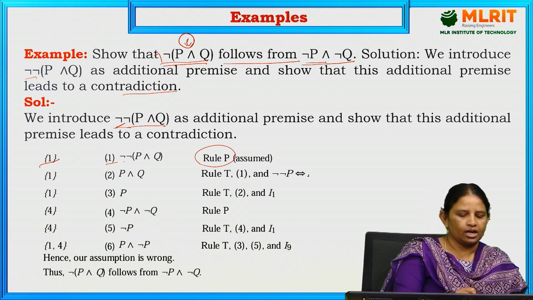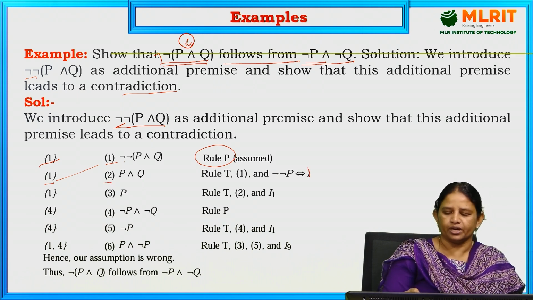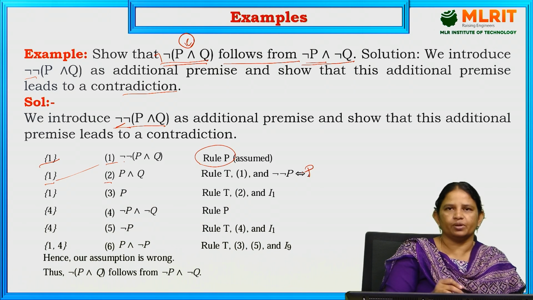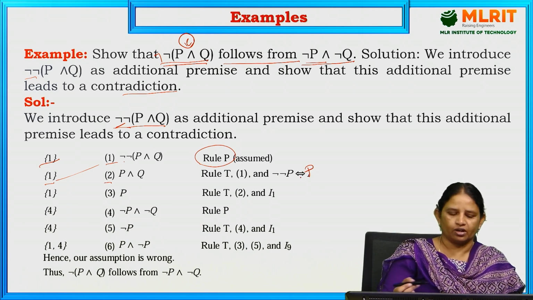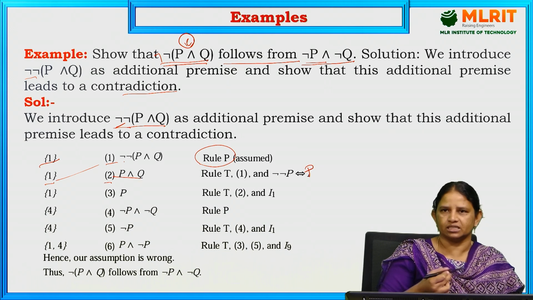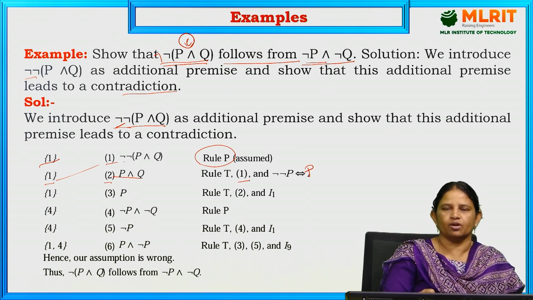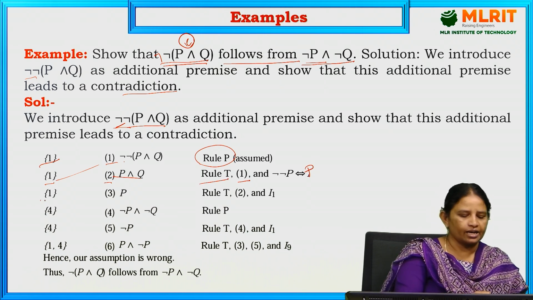Next, continue with step number 2. Negation of negation (P and Q) is equivalent to P and Q. This is derived from step number 1, so we call it rule T. Next, step 3.